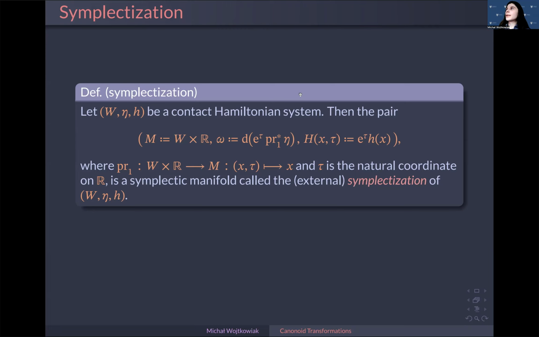And then we define a new symplectic Hamiltonian. Again, we multiply by the exponent of the natural coordinate. And this natural coordinate doesn't have any specific physical significance, but it does introduce a sort of drift in the Hamiltonian.